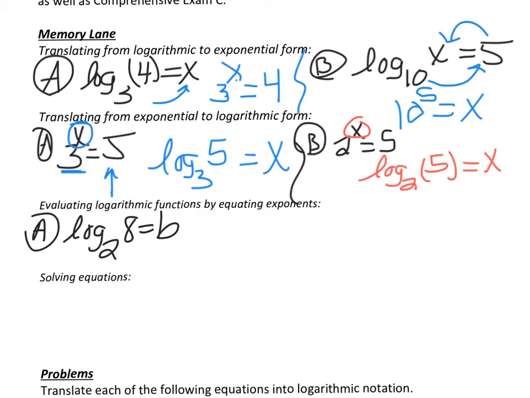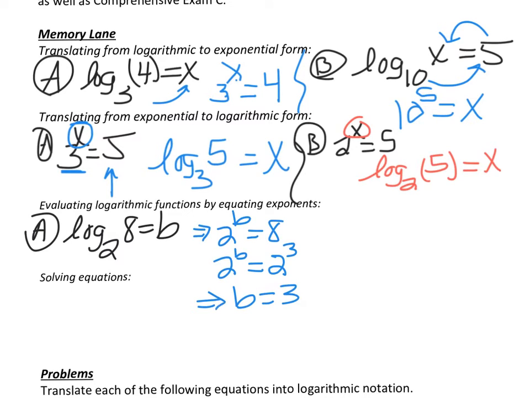Now we know what's coming. 2 to the b, 8 can be written as 2 cubed, so we're going to be able to then pull those exponents off and set them equal to each other. 2 to the b is equal to 8, so 2 to the b is equal to 2 cubed, because 8 is 2 cubed, so you get b is equal to 3.